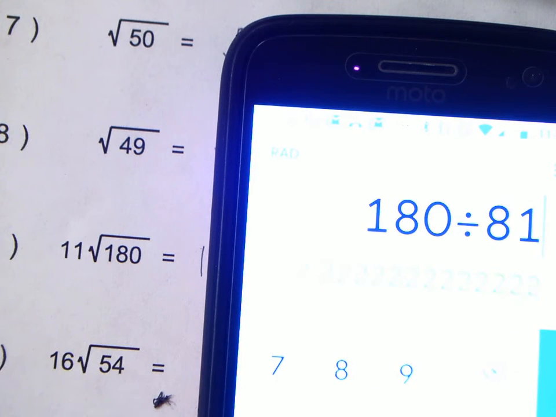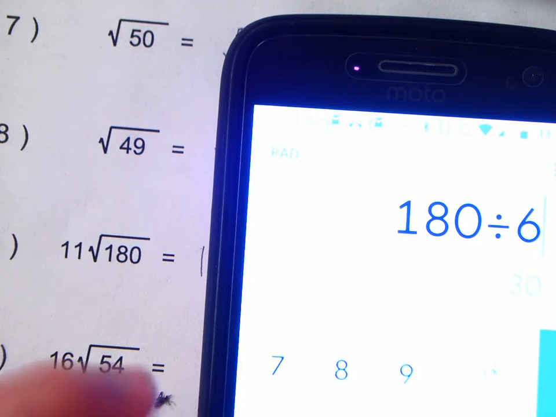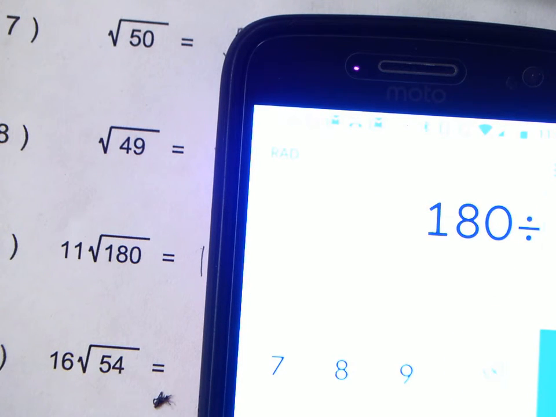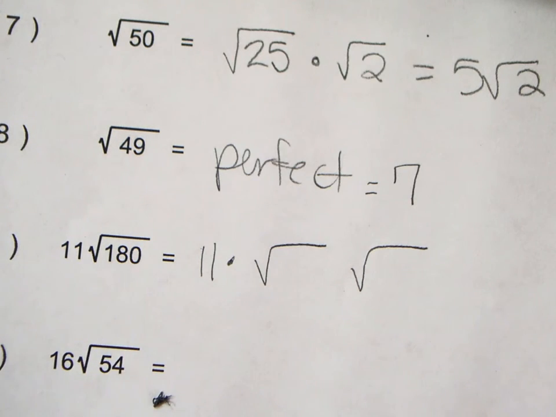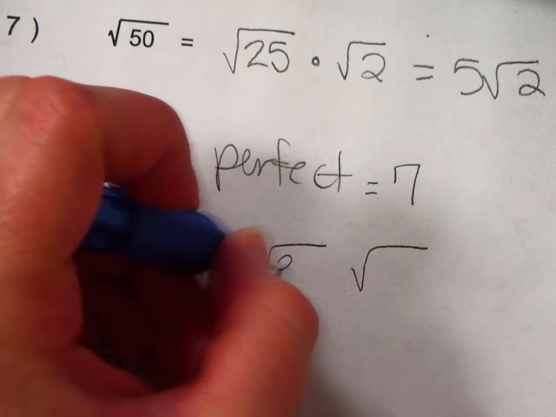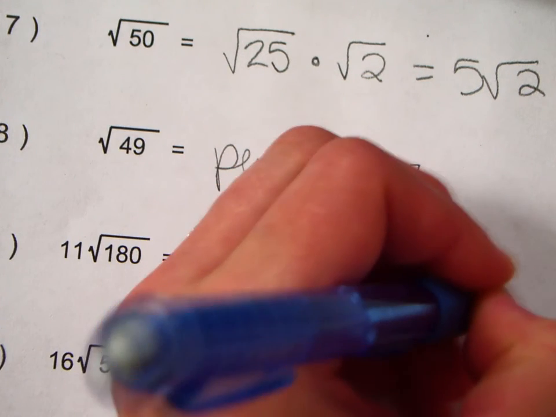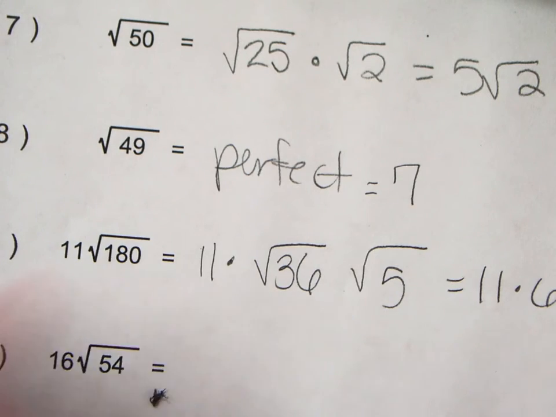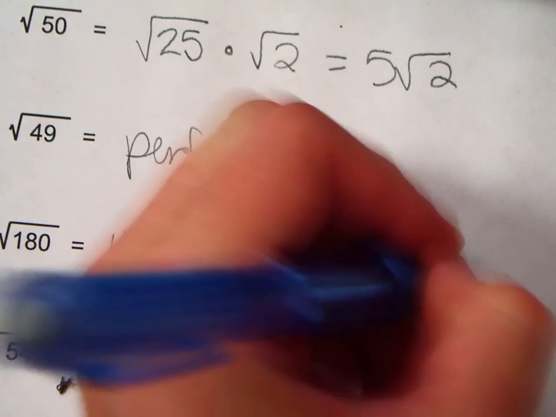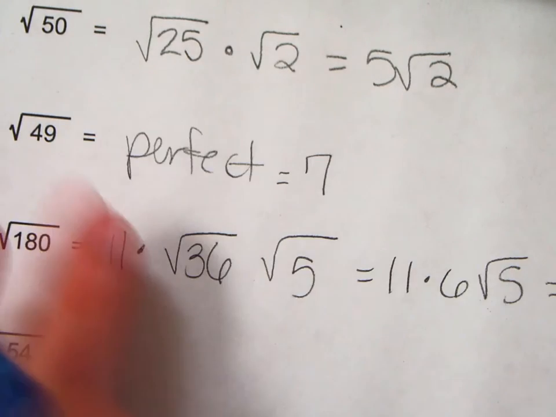Divide by 81, we get a decimal. 64 is a decimal. 49 is a decimal. 36 gives 5. So I do 36 and 5. So I end up with 11 times 6, because the square root of 36 is 6, times the square root of 5 at the end. And we know 11 times 6 is 66 with the square root of 5.